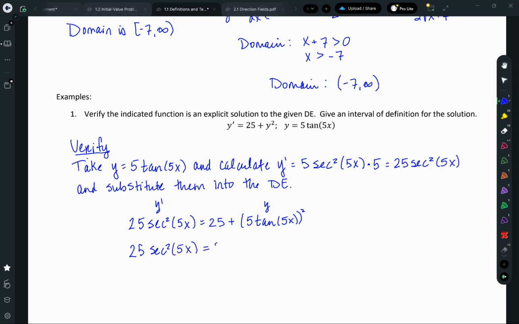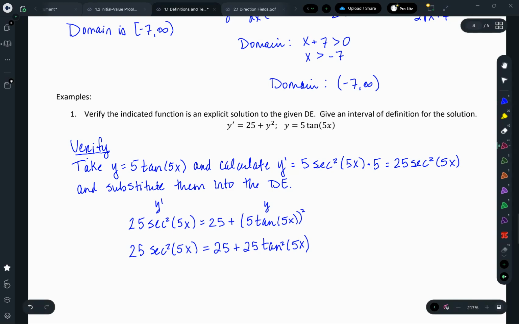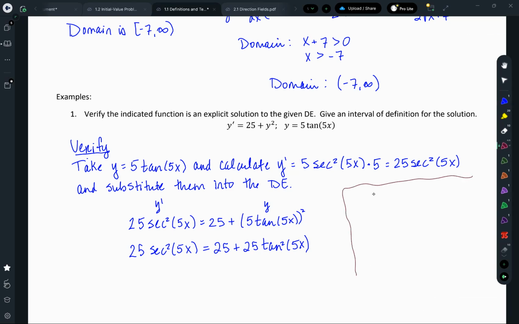Okay? All right, when I write this out again, what I've got is 25 plus 25 tangent squared of 5x. This is actually a Pythagorean identity. And so, yeah, this is totally true. If we think back to our Pythagorean identities, we know, I'm going to just do the blurb, sine squared of x plus cosine squared of x is equal to 1.